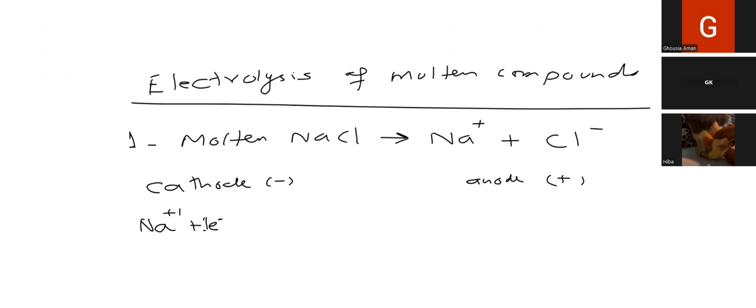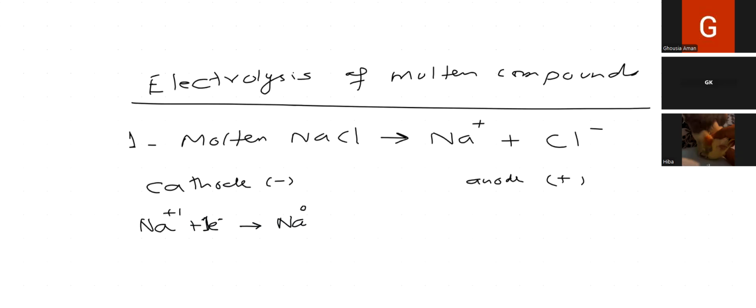So each sodium cation will gain one electron and convert into a sodium atom. Why? Because the deficiency is fulfilled. The number of electrons and protons become equal, so they convert into sodium metal. One by one, sodium cations will come, touch the cathode, gain one electron and convert into sodium metal.